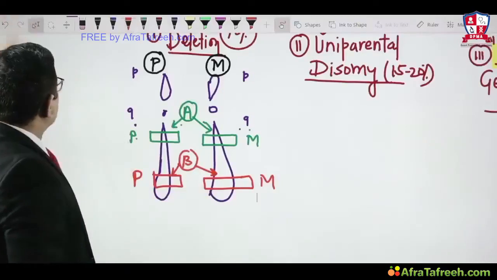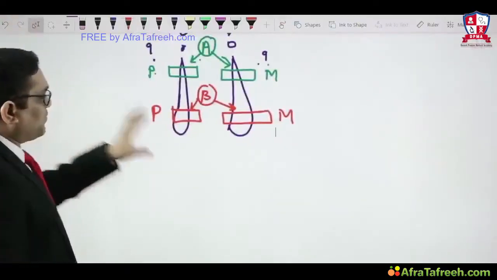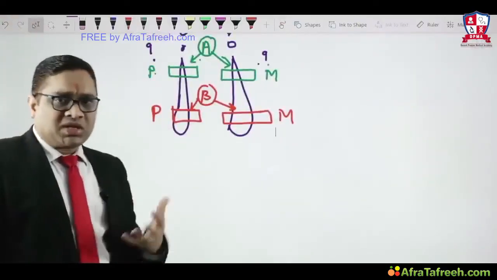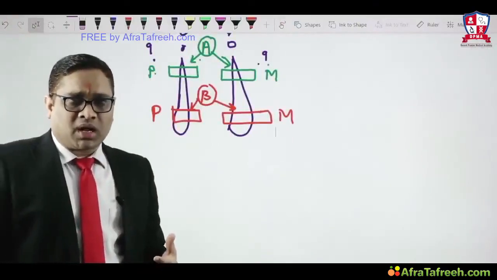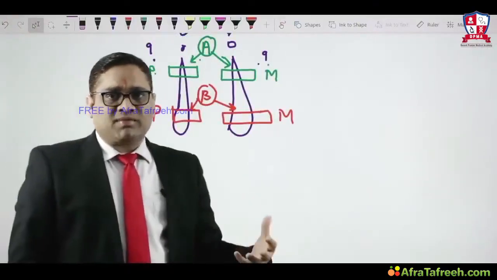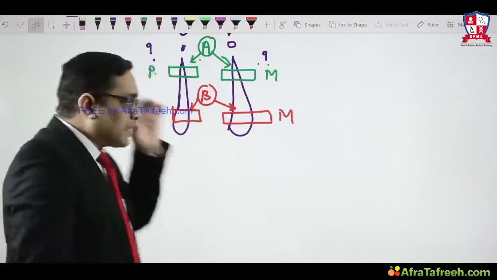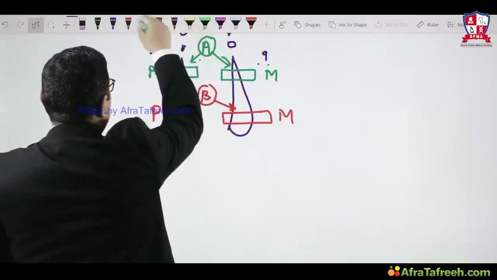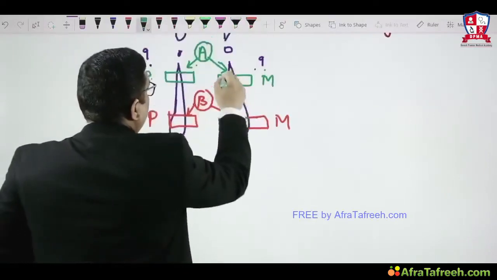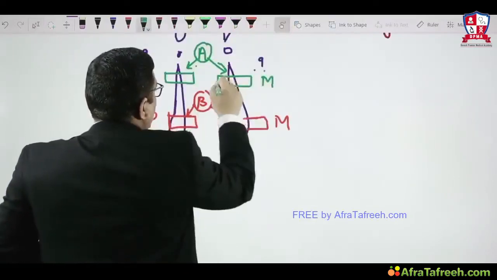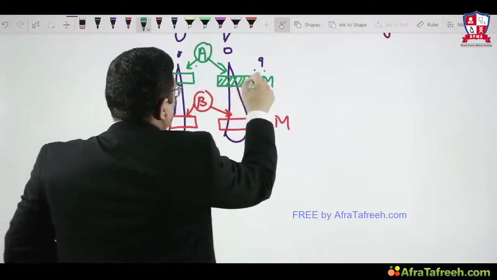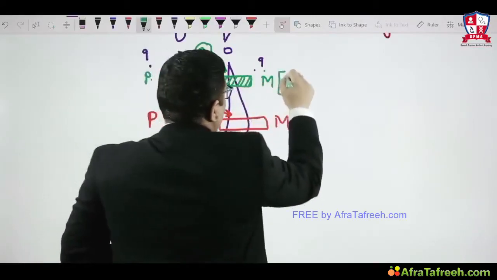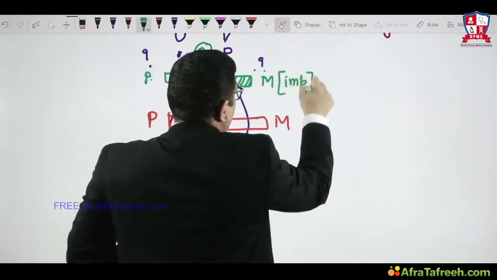Now we will see how deletion is associated with genomic imprinting, which is responsible for Prader-Willi and Angelman syndrome. In the normal condition, suppose the maternal allele is imprinted. This is the normal thing: maternal is imprinted.